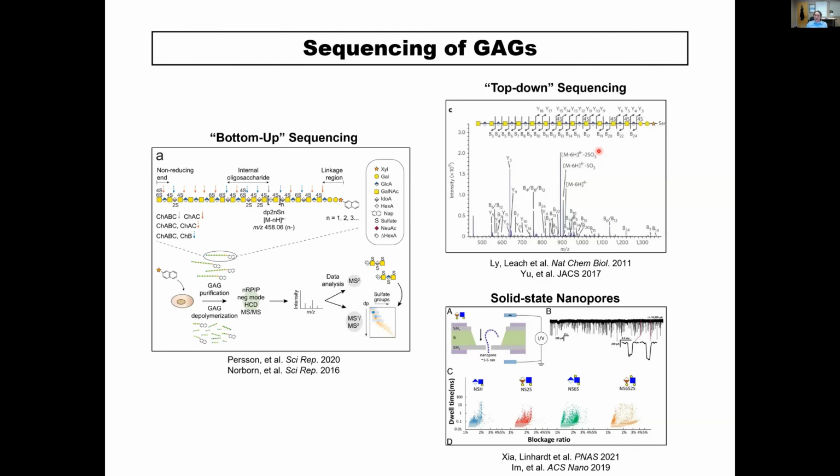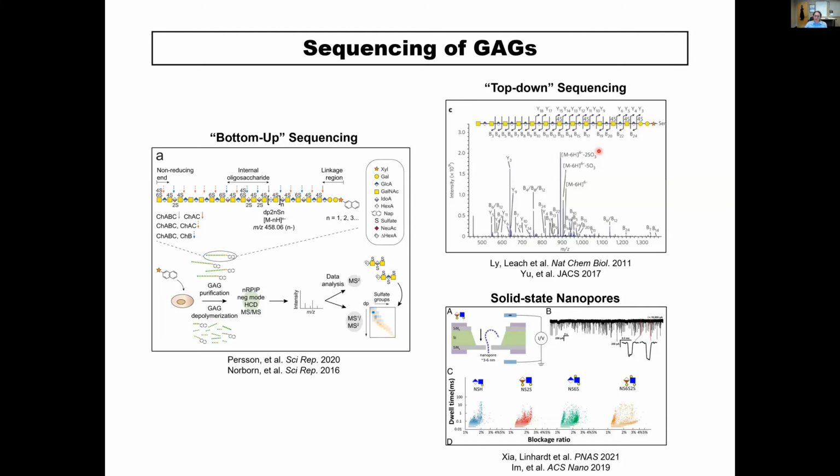This type of technique was utilized to sequence a chondroitin sulfate chain from bikunin, sorry, a proteoglycan that contains chondroitin sulfate chains. It was also utilized to sequence a decorin chain, which contains dermatan sulfate, I think, as well as chondroitin sulfate.